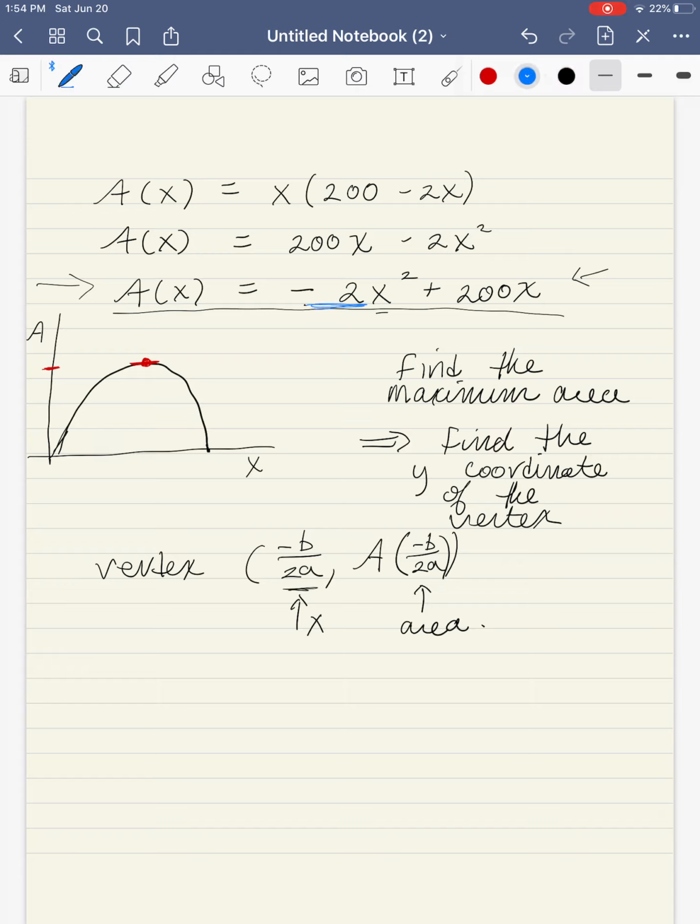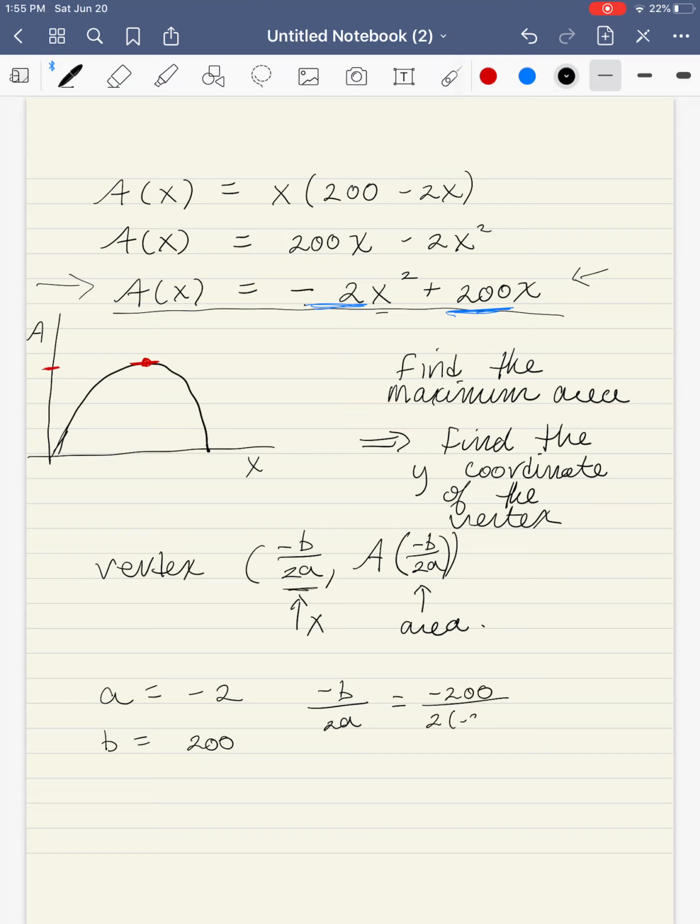Okay, so we're looking at our function here. A is the coefficient of x squared, so a is equal to negative 2. B is the coefficient of x, so b equals 200.